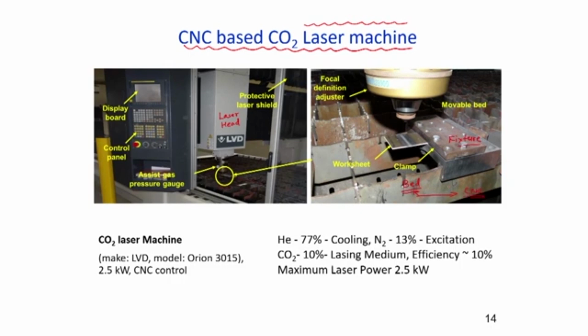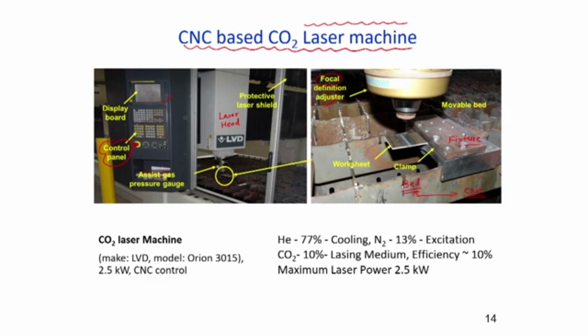There are many sensors or monitoring devices also placed in a laser machine, and as we have seen in our previous class, for CO2 based laser cutting we need to have some assist gas. To control the flow of assist gas, a pressure gauge is required, and that is also mounted. So this is a typical CO2 laser machine.